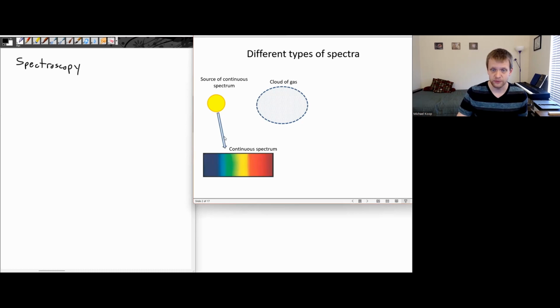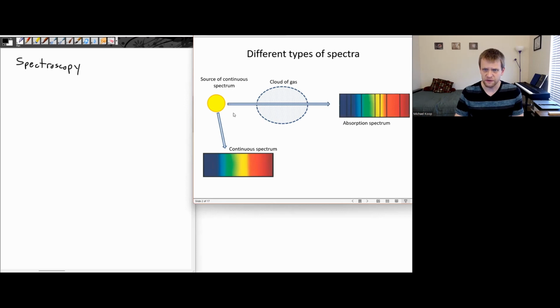For example, if I'm just looking at a solid, liquid, or dense gas, it's going to make one of these thermal spectra that we talked about, one of these continuous spectra. However, if there's a cloud of cooler gas in front of that source of light, that cloud of gas is going to absorb certain wavelengths of light.